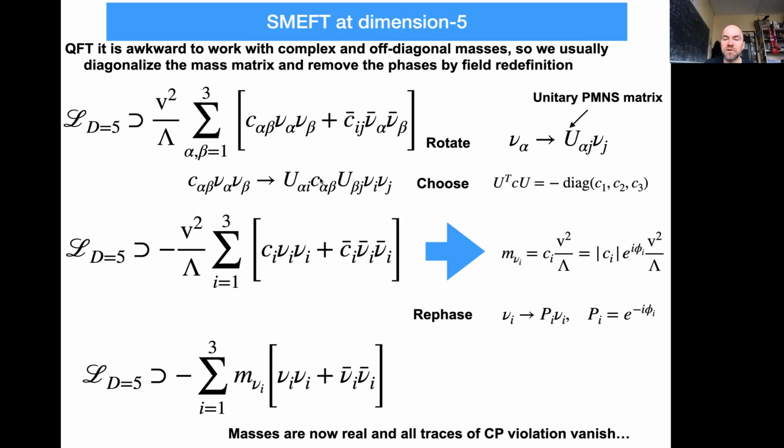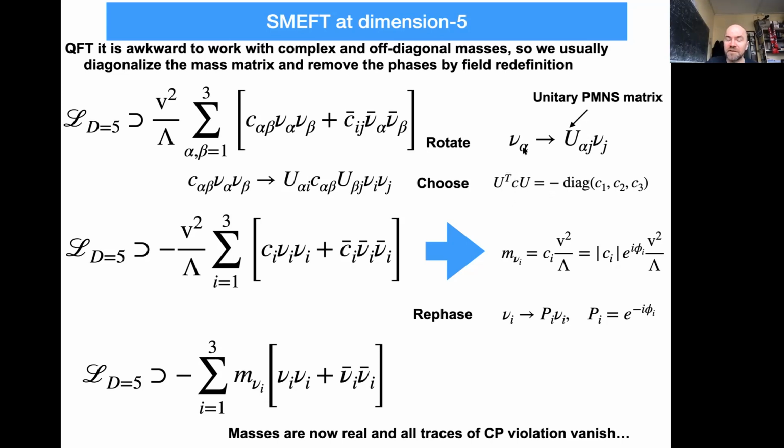And after the rotations, we get something that is rotated, but we can choose this matrix such that, acting on this matrix of Wilson coefficients C, it diagonalizes it, giving the eigenvalues, the masses.